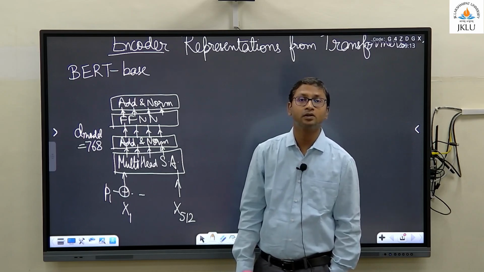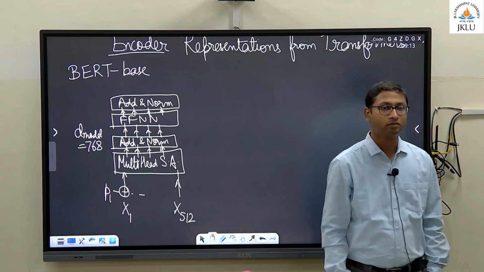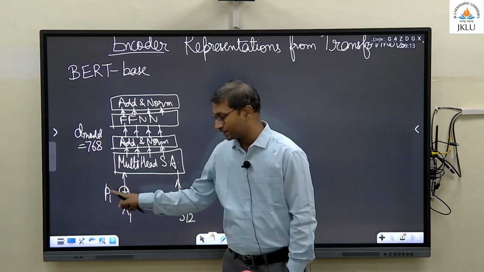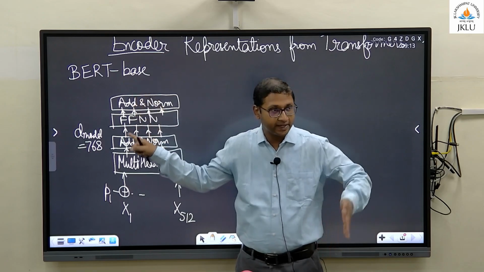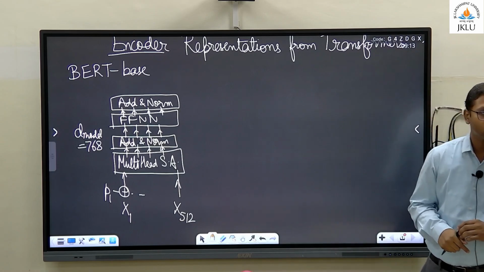D model is 768. Dimensions of these things. Okay. So every branch here, every thread here has a 768 dimensional vector.